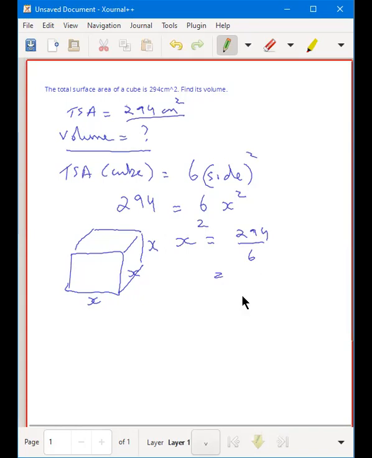Second standard maths, 294 divided by 6. 49. Yeah, so what will be the value of x? What is the root of 49? 7. So the side is 7.